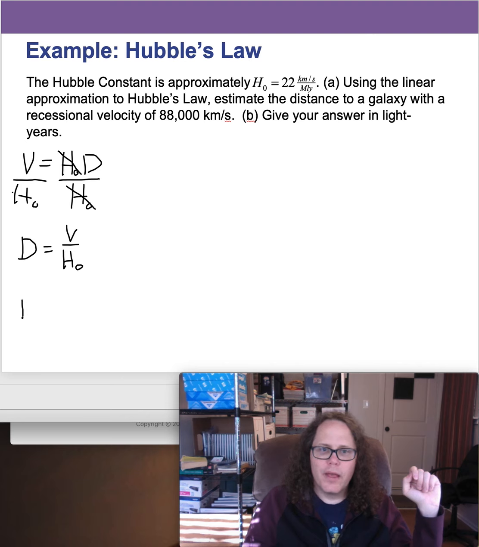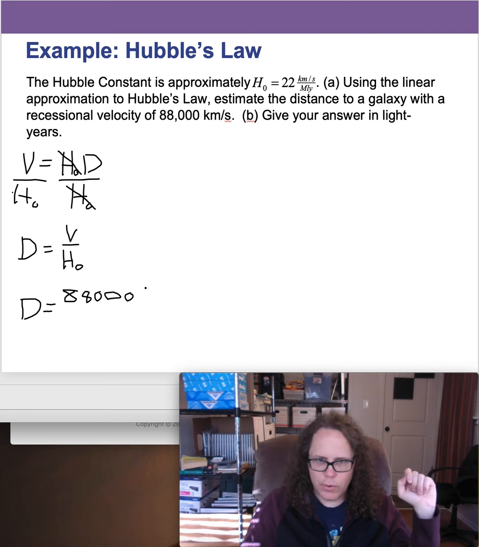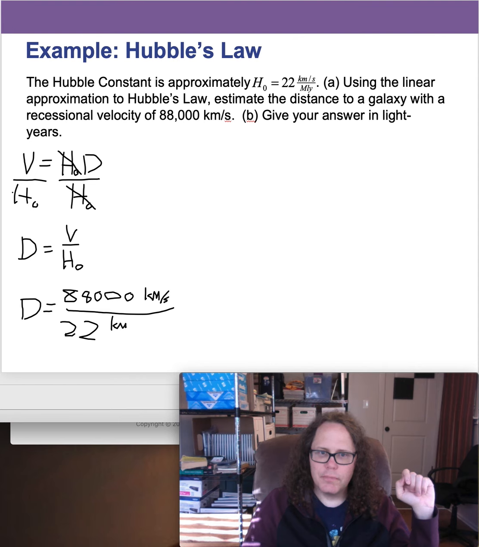That's cool. Let's put in our figures here, but we're going to have to do something with these units. So the velocity is 88,000 kilometers per second, divided by 22, and here's this weird unit again, kilometers per second per mega light year.